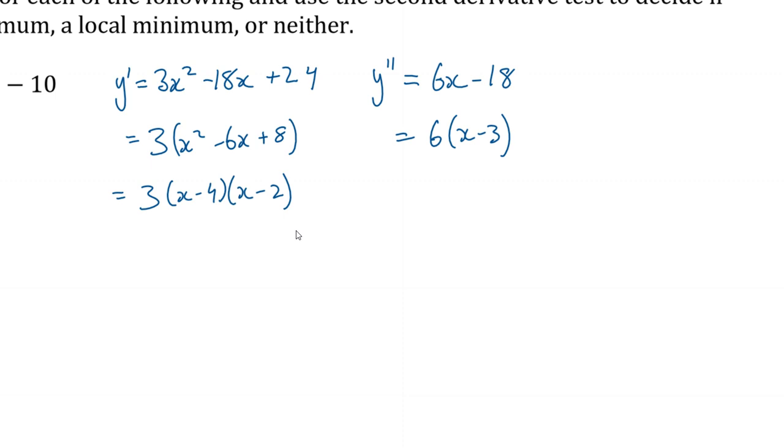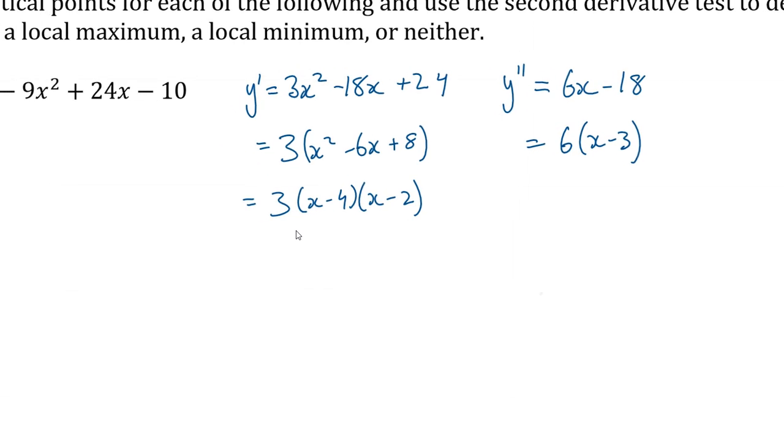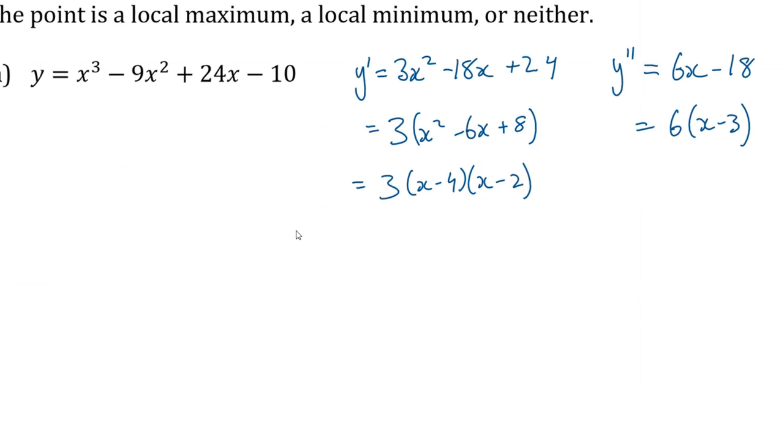Okay, no big deal, right? Polynomials, pretty straightforward. Taking the derivative again. Everybody okay? Okay, now critical values. Critical values occur when the derivative does not exist or when it's equal to 0.